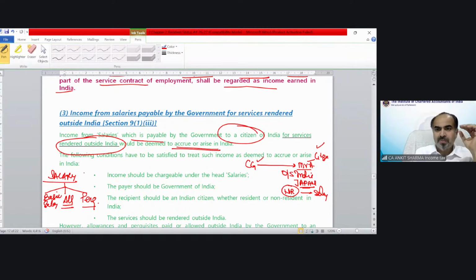So being an employee who is a citizen of India working outside India on behalf of government, who is a non-resident, he is getting salary from the central government outside India. So now you can see the income has been earned outside India because you are working in Japan. The income has been received outside India because the salary is going to be paid in Japan.